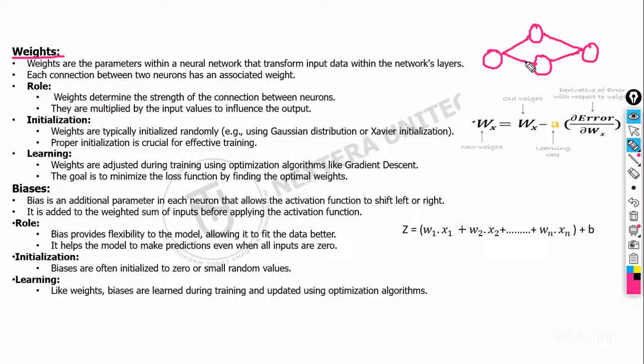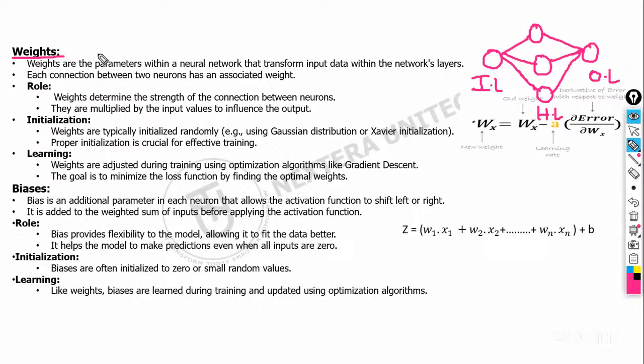I assume I have taken a small network, with probably one more hidden layer neuron. So if this is your neural network: input layer, hidden layer, output layer.